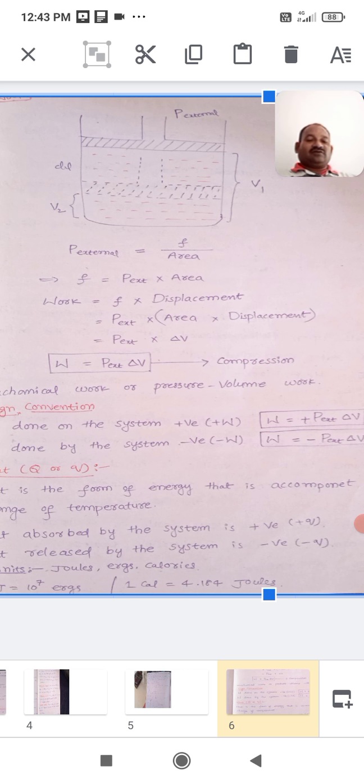F is equal to P external into area. Work is equal to F into displacement, P external into area into displacement, P external into delta V. W is equal to P external delta V.